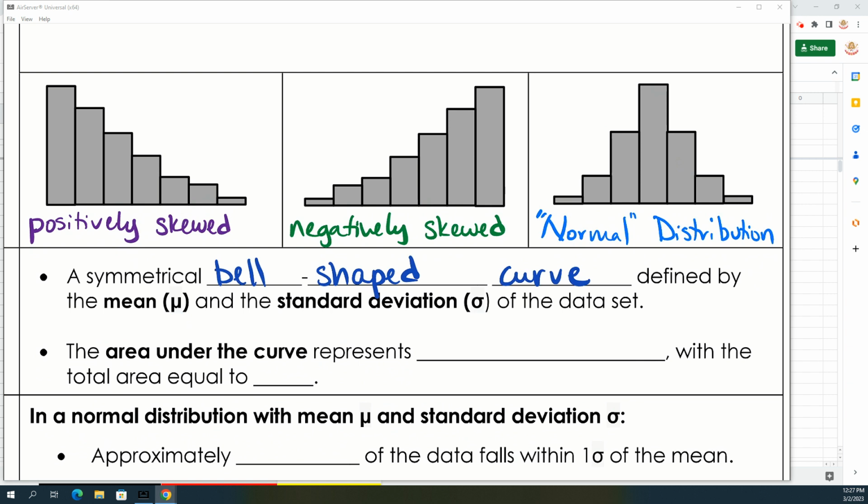All right, and then the area under the curve represents the probability. And the total area is equal to 1, or our probabilities are going to be as percentages. So the percentages are going to add to equal 100%.